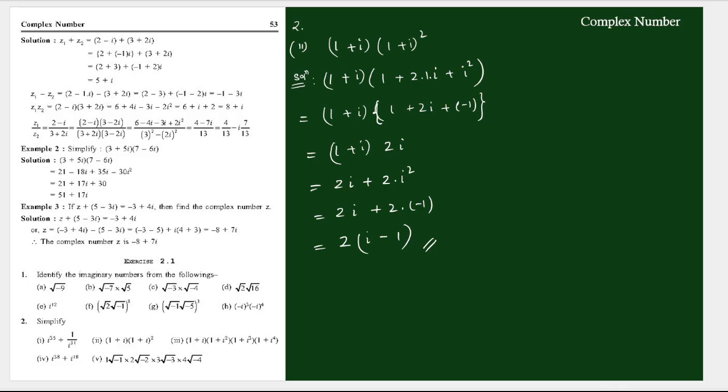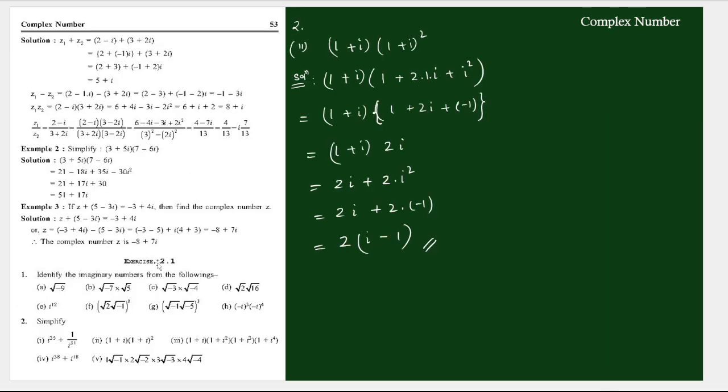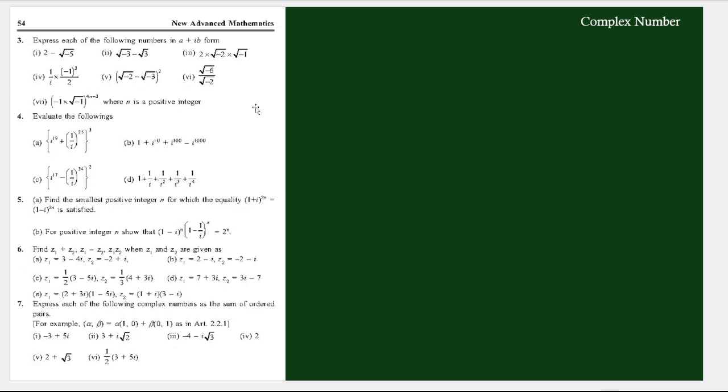I guess you would be able to do that, right? What do we have now? The remaining, questions 3, 4, 5, you try to do by yourself. If you have a problem, then you tell me. Now we'll go to question number 3. What is in question number 3?